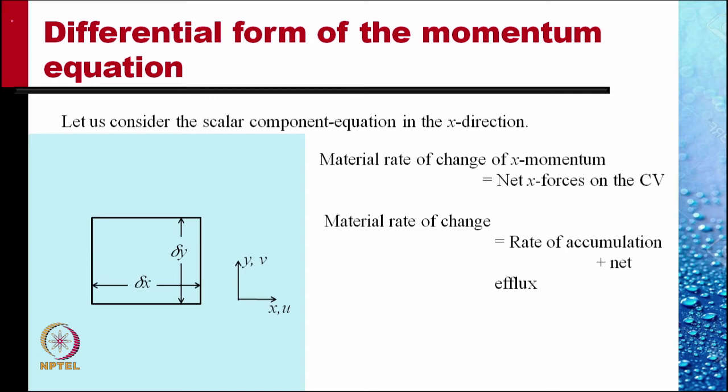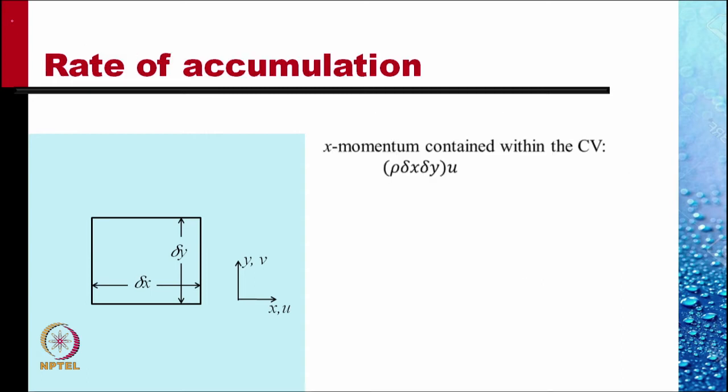The Reynolds transport theorem is used to obtain the material rate of change of momentum in terms of the rate of accumulation of momentum plus the net efflux of momentum. Now the x momentum contained within the control volume is delta x delta y, the volume, times rho, the mass per unit volume, times the x component of velocity u.